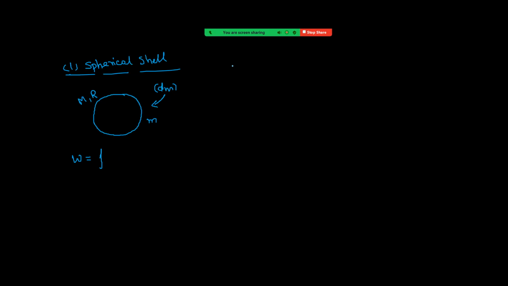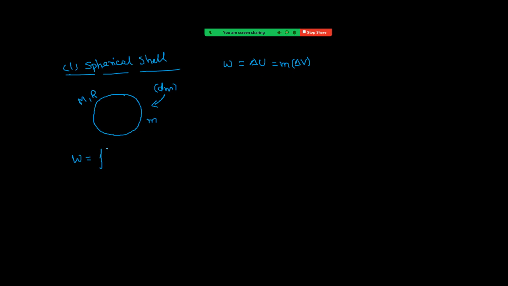Just recollect once: work done by the external force equals delta U, which is nothing but M into delta V. This is what we got while defining potential difference: potential difference equals delta U by M, or work done by external force by mass.